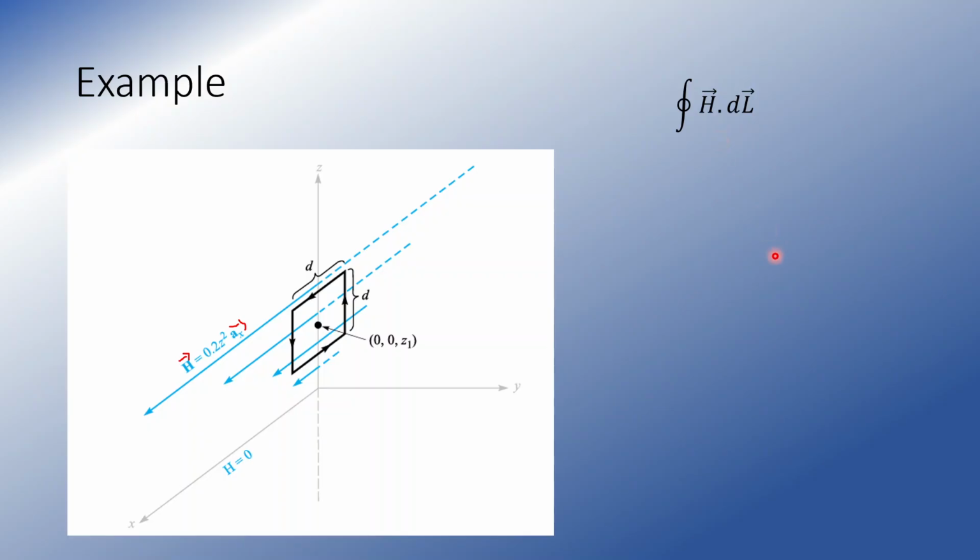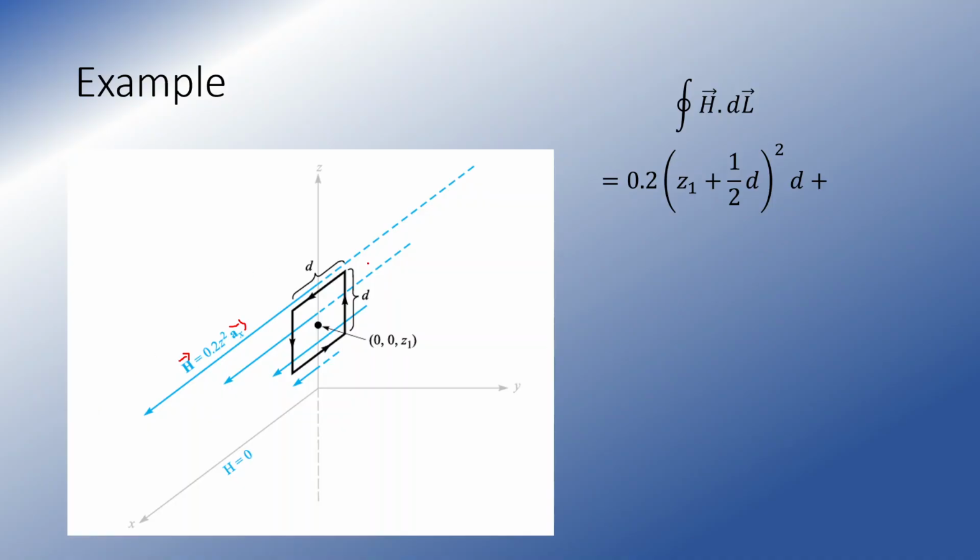If we consider the top side, what is vector H? Vector H is given by 0.2 z square ax, in the x direction. Now what is the value of z here when I consider the top element?